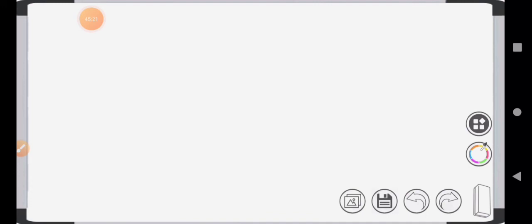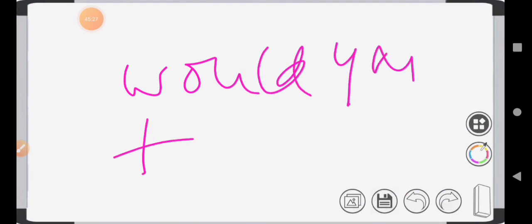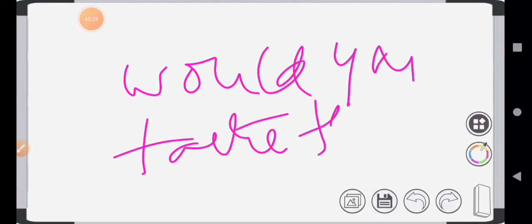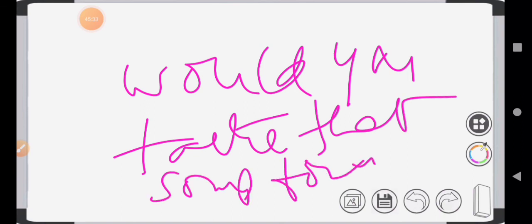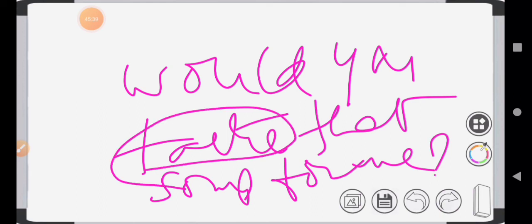But for example, would you taste that soup for me? Would you taste means we have to do some activity. That linking verb functions as an action verb. Sometimes the linking verb functions as an action verb.